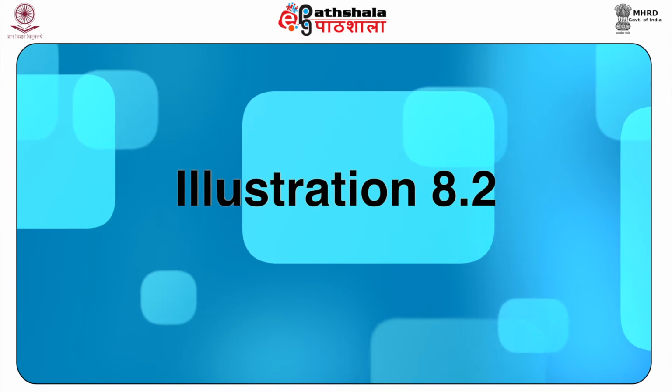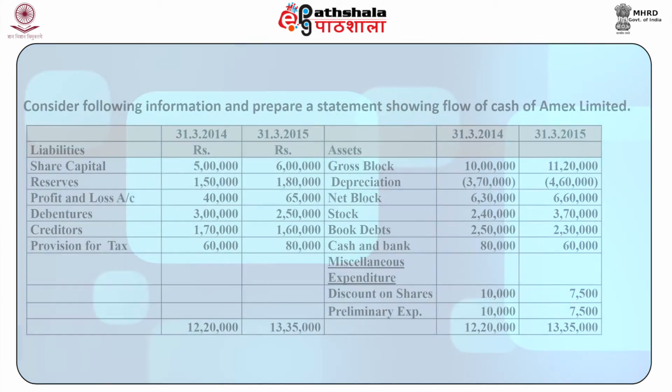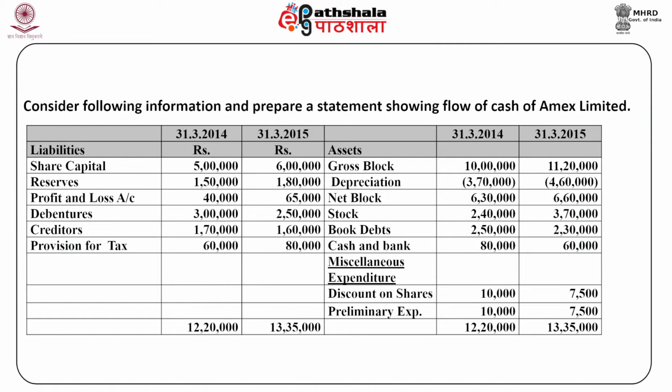Illustration 8.2. Consider the following information and prepare a statement showing flow of cash of MX Limited. Balance sheet as on 31/3/2014 and 31/3/2015. Liabilities: share capital 5 lakhs, 6 lakhs.